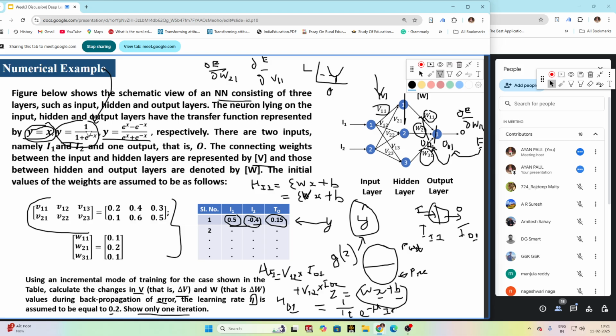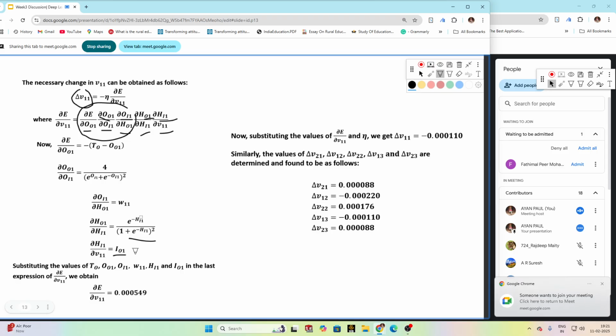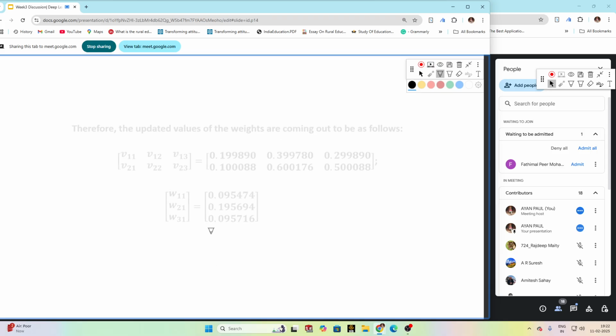This is the activation function in this layer, so you just have to differentiate it, and whenever you differentiate it, you will get this. And then del HI1 by del V11 will be equal to IO1. Similarly, you can calculate this for V12, V13, then V21, V22, and V23. Whenever you calculate this, you will get all the dels.